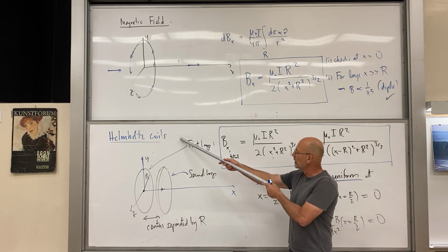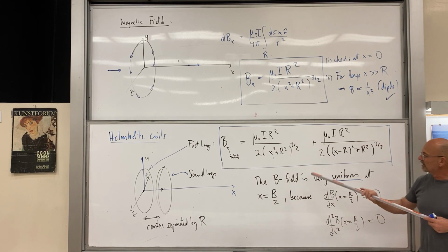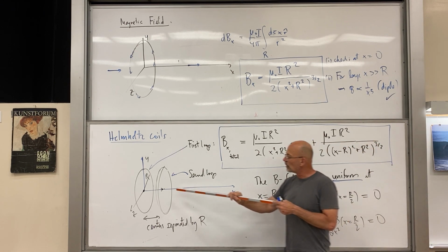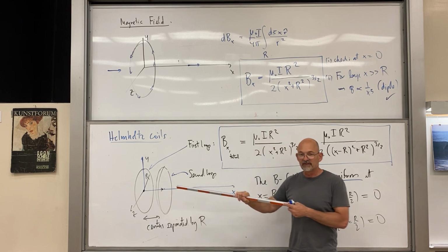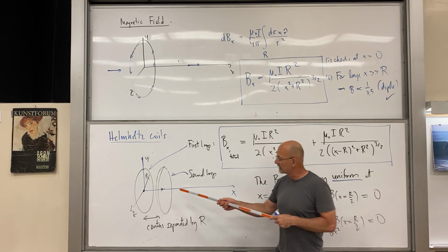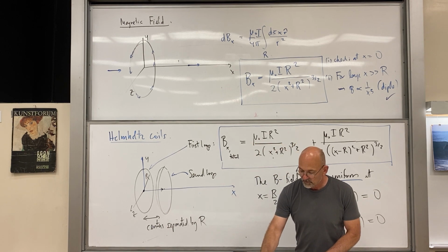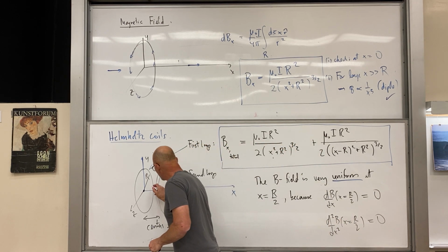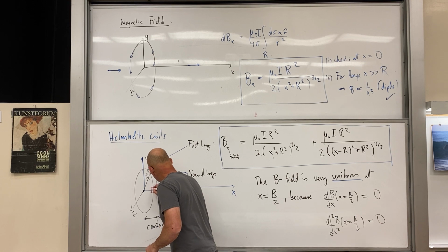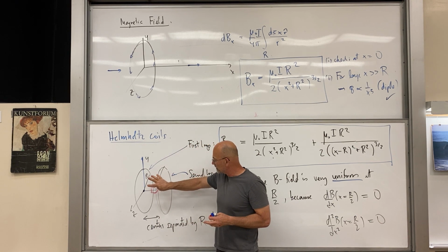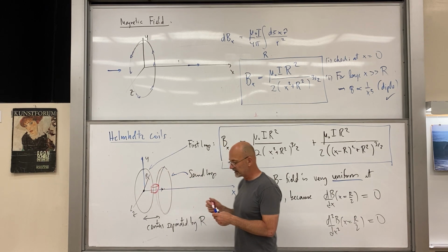So the Helmholtz coils are a very interesting way to control the magnetic field, to produce one that does what you want. It's not just the ends of a magnet. It's being produced by the currents in here, and the region where the field is very constant would be around here somewhere, and that's where you can do your experiment that requires a constant field.